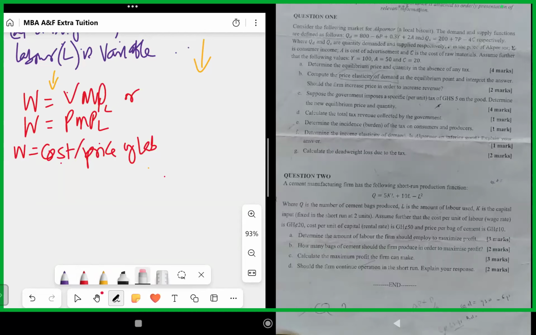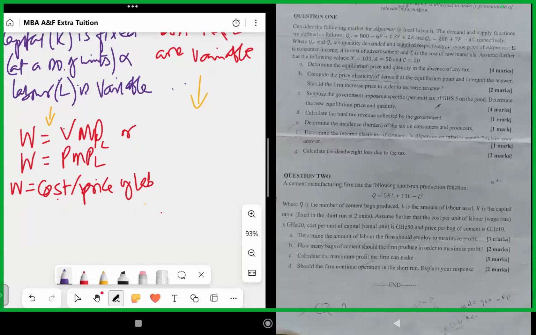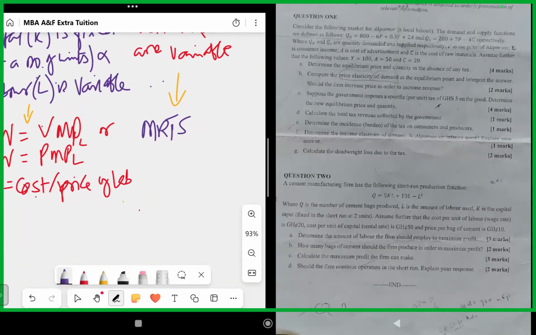Now, in the long run, where both capital and labor are variable, we will say that the MRTS, the marginal rate of technical substitution, equals MPL, marginal product of labor, over MPK, marginal product of capital. Are you getting it?